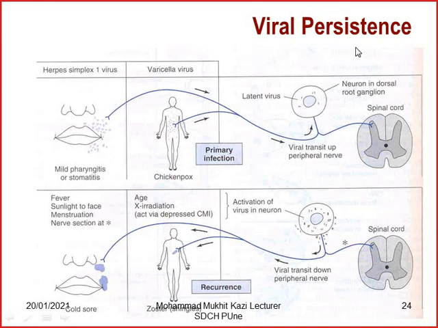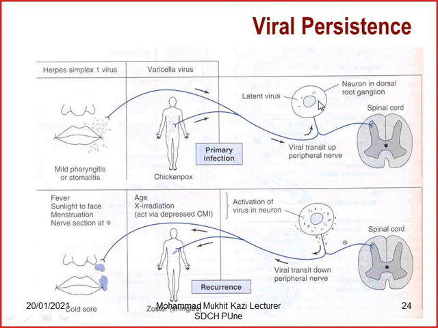Viral persistence: you might have heard of the persistence of virus, either removal of the virus or persistence of virus. Persistence means they remain in the host body for a long time. Initially, herpes simplex viruses cause infection at the lip, in and around the mouth. Then they travel through the lymphatic system or the nervous system, and they go into the neurons in the dorsal root ganglia, and they remain latent.